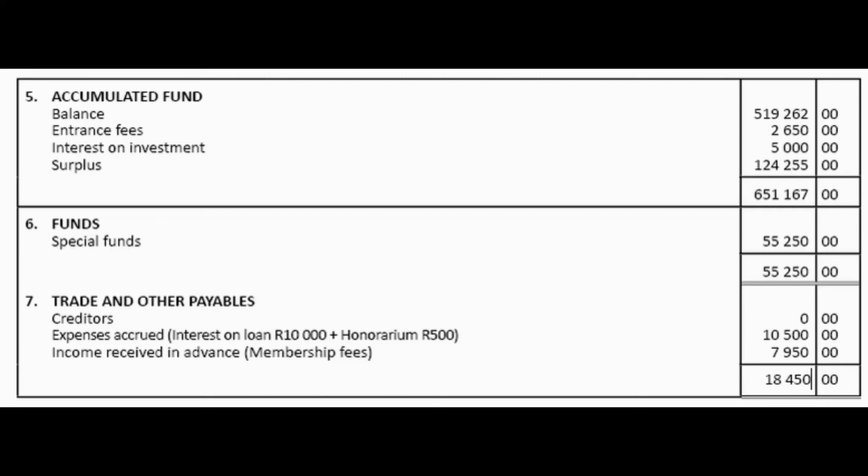And then the surplus that you've just calculated in your income and expenditure account, which will also be entered in the accumulated fund account, is 124,255. So the new balance in your accumulated fund account is 651,167.